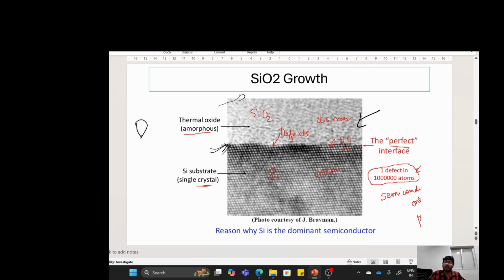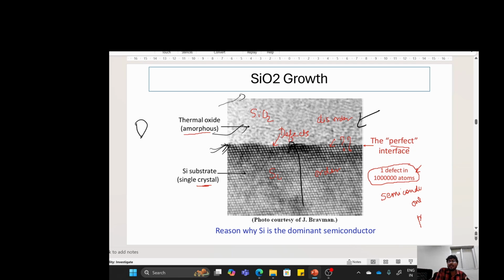Certainly they can give you very good dielectric properties, but they are highly defective. That would kill your devices, because the device performance would be lower because of the defects, not because of the dielectric, but because of the interface.